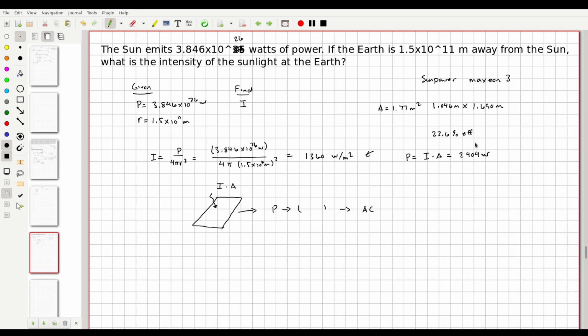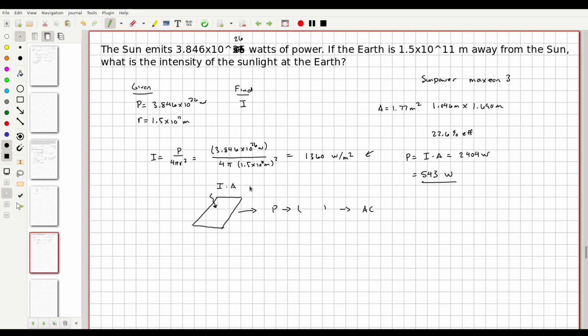Now, the issue again that you have here is that this is only about 22.6% efficient. So if I multiply that by 0.226, I get 543 usable watts of energy from that solar cell before it's been processed, which always involves some sort of loss.